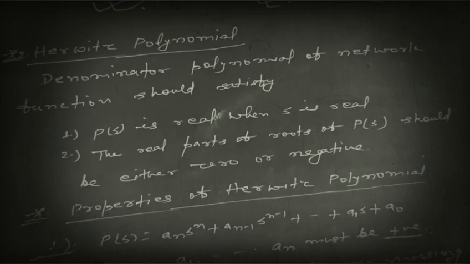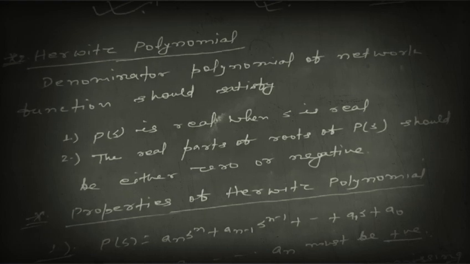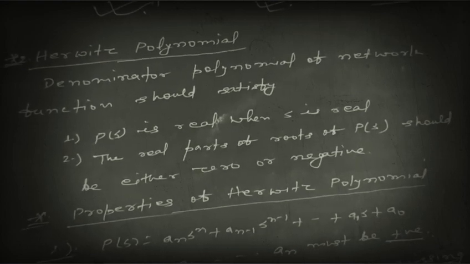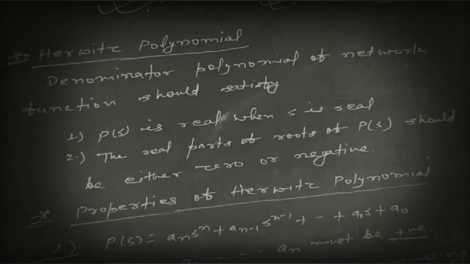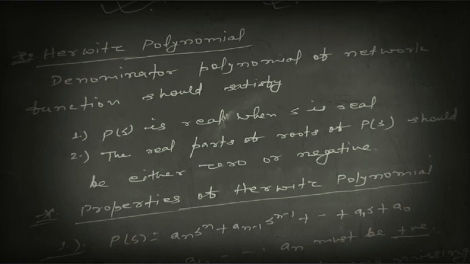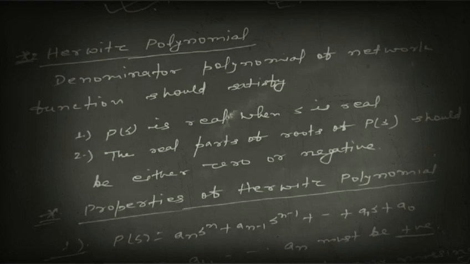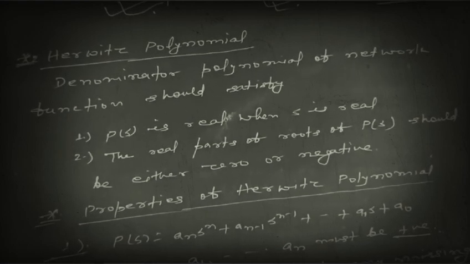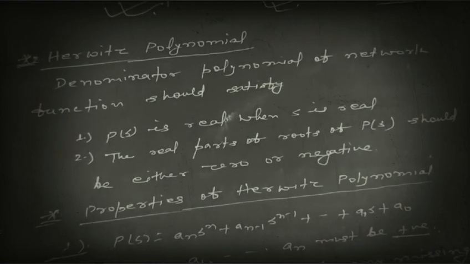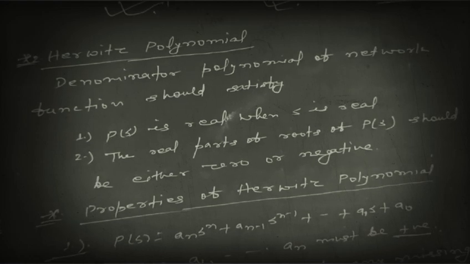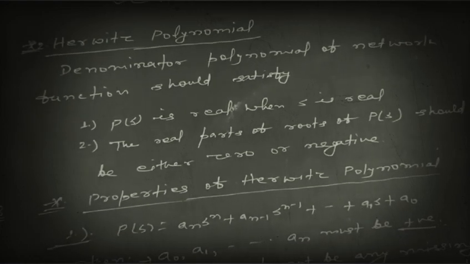That means we can have a root like minus 2 plus 3j, like minus 1 plus 3j, like 0 plus 3j, but we cannot have a root like 1 plus 3j, because 1 is positive. So the real part of the root should be either 0 or negative.